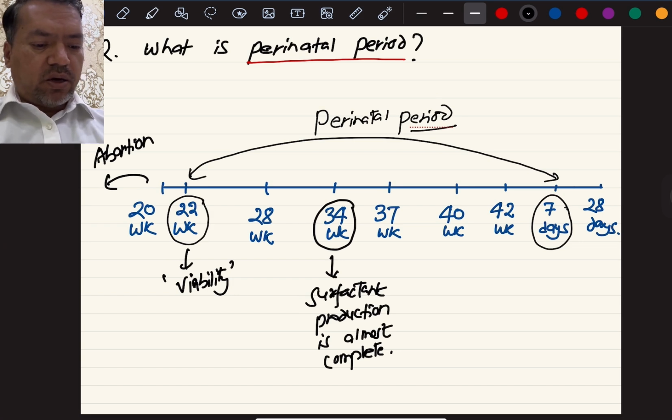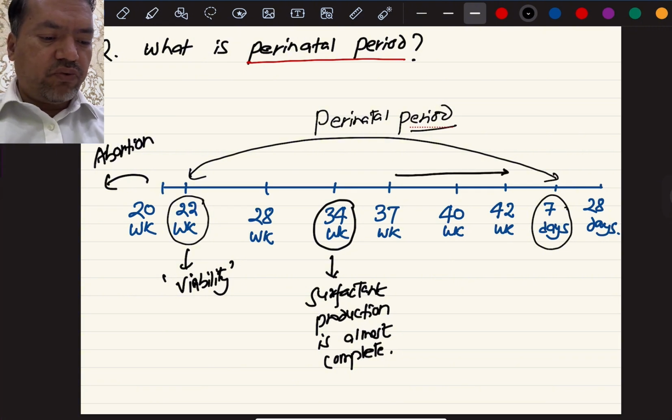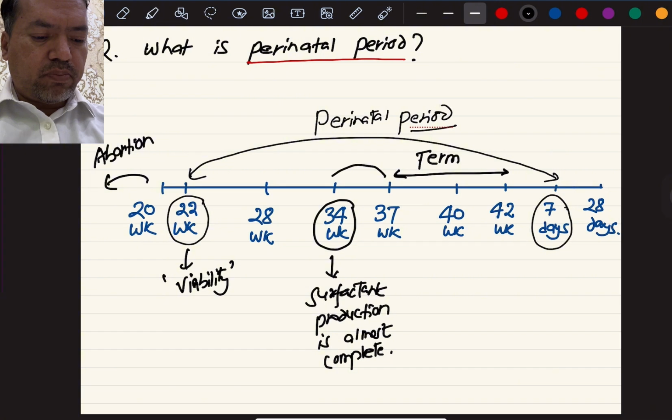If the baby is born after 37 weeks, till 42 weeks, this is called term baby. If the baby is born prior to 37 weeks, it is called preterm baby. And if the baby is born after 42 weeks, it is called post-term baby.